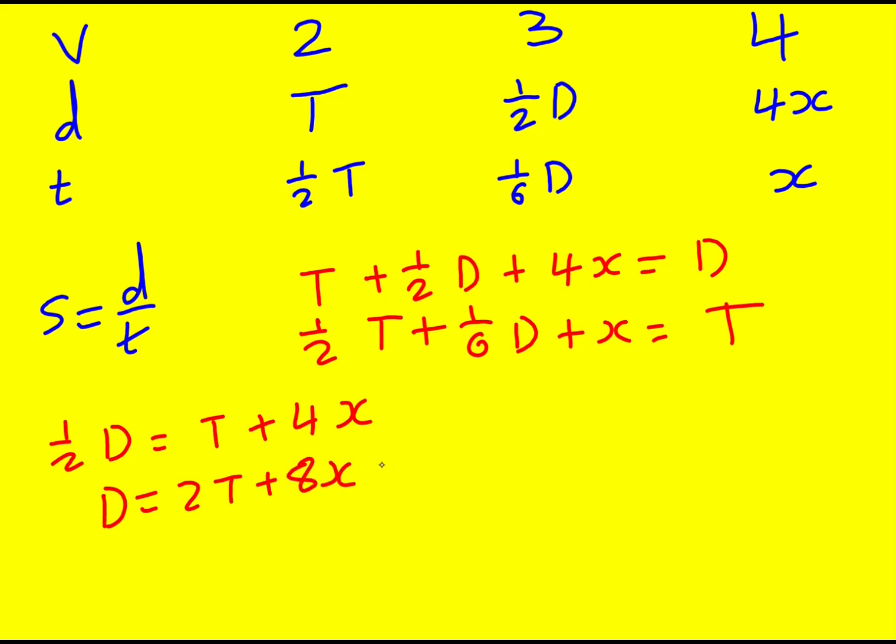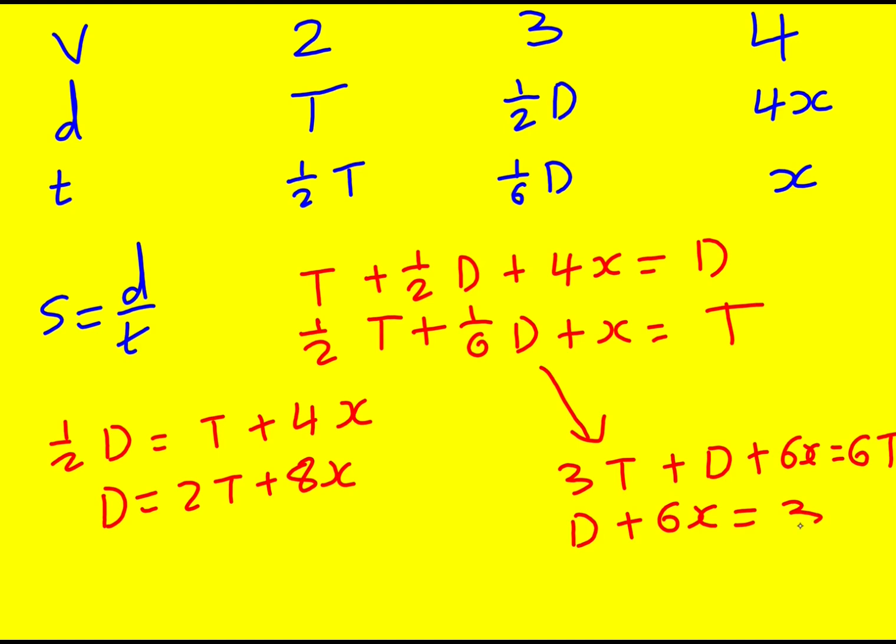And I can substitute that into here. In fact, before I do that, I think I'm going to times through by 6. So 3T plus D plus 6x is going to equal 6T. Do you know what? I probably should have sorted these T's out as well. So D plus 6x is going to equal 3T. Okay, right, now I'm going to put it in.